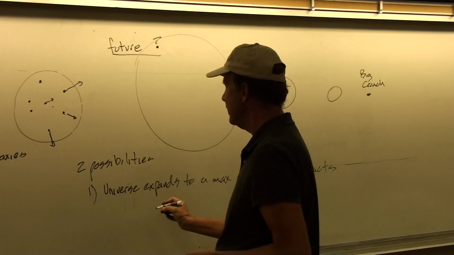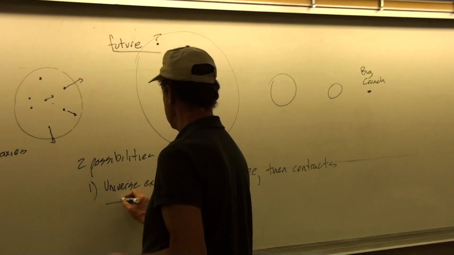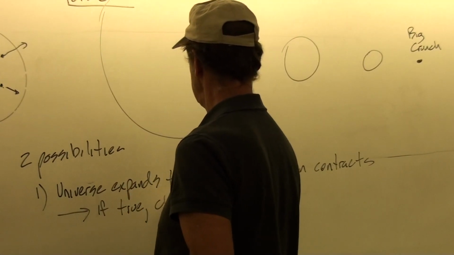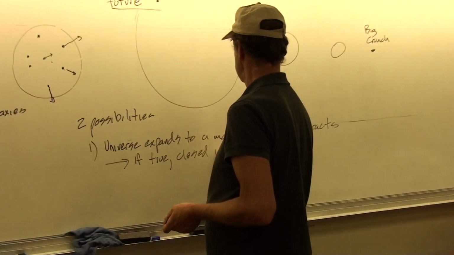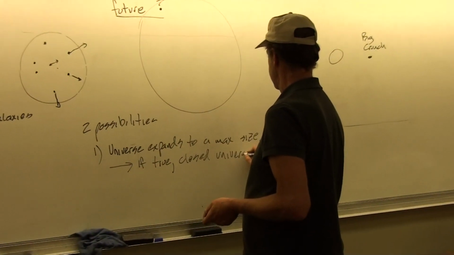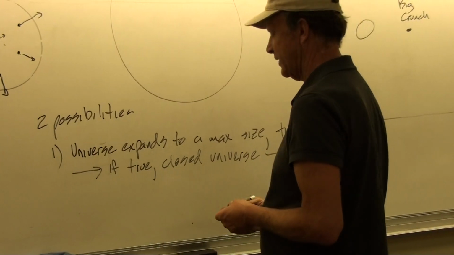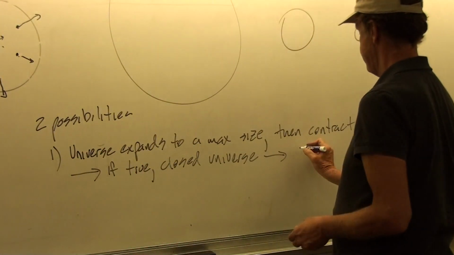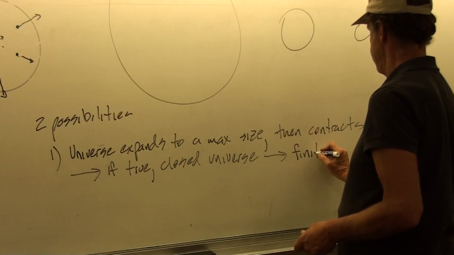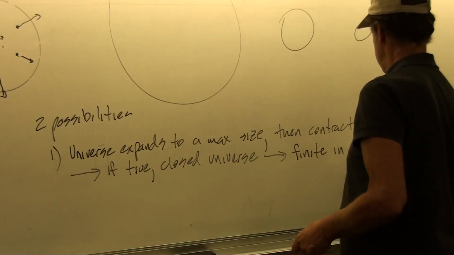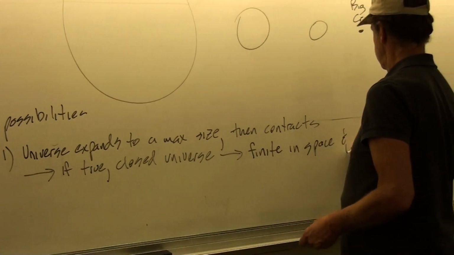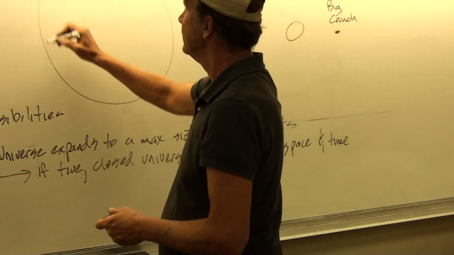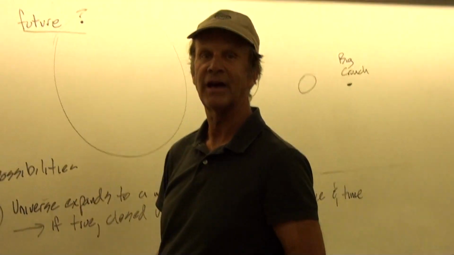If this is true, then we live in what's called a closed universe. And a closed universe is finite in space and finite in time. What do I mean by that? Well, this balloon only gets to a certain size.